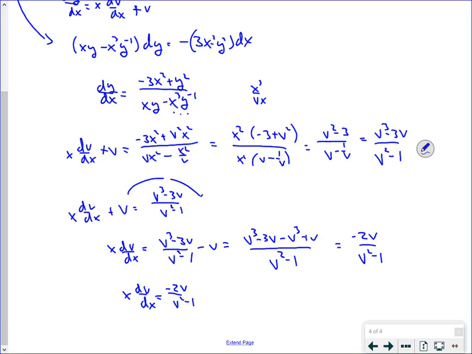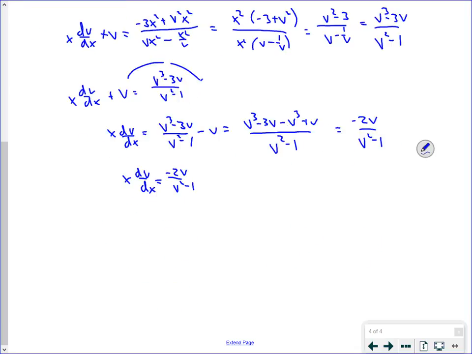That is separable. I can get my v's on one side and my x's on the other. So if I multiply through by dx over x and v squared minus 1 over v, in other words, it's more than cross multiplying. I need to flip this side and multiply both sides by it.